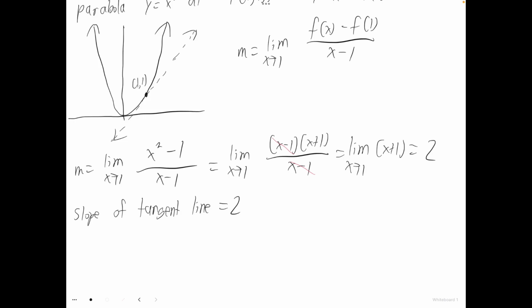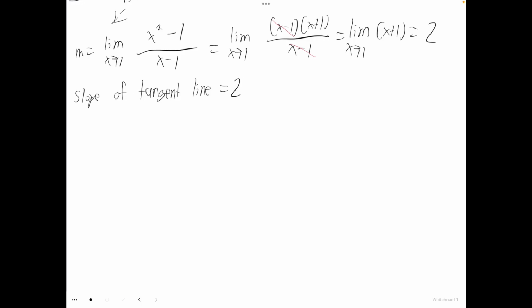And so now we have the slope of our tangent line, and we also know a point on the tangent line. And so we're going to use what is called the point-slope form of a line to get our tangent line. Just as a reminder, the point-slope form of a line is as follows.